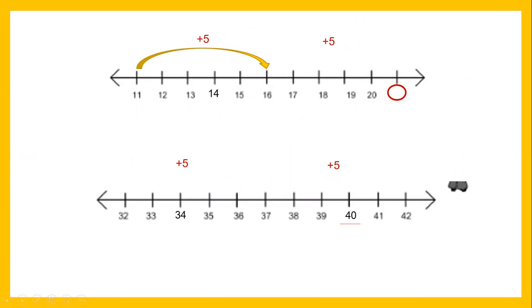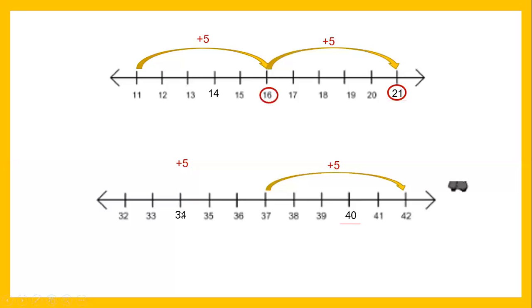We just need to count by 5. For example, here the number starts with 11. So you need to plus 5, 11 plus 5 is equal to 16. And 16 plus 5 becomes 21.